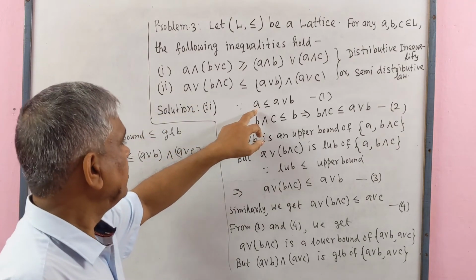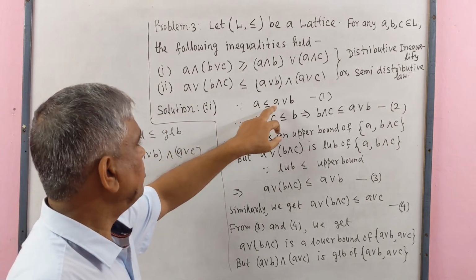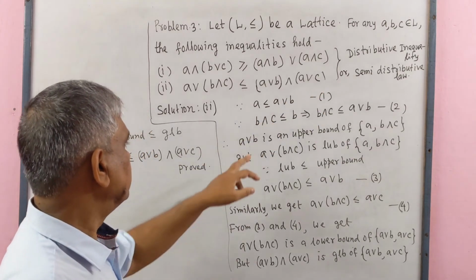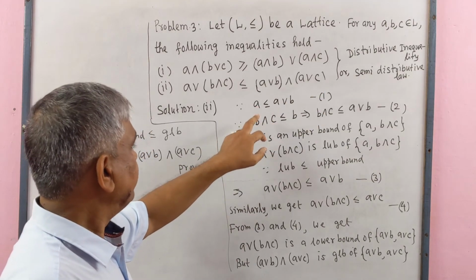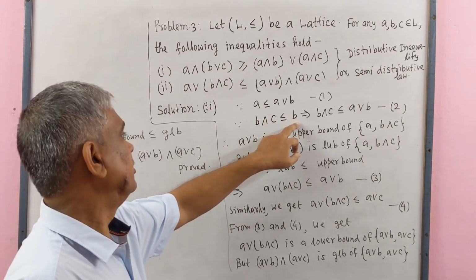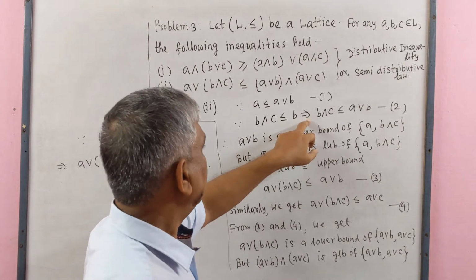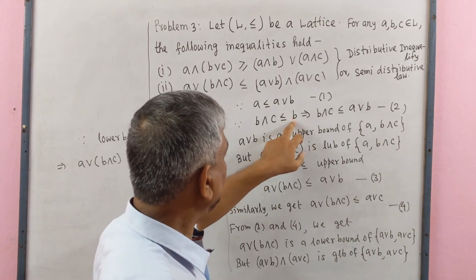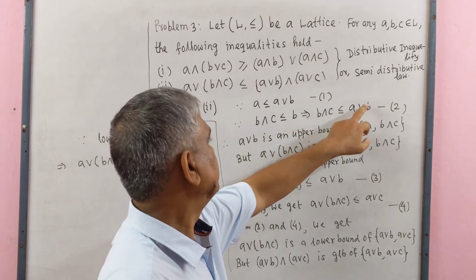Since A ≤ A ∨ B, this is number 1. Also, since B ∧ C ≤ B, this implies that B ∧ C ≤ A ∨ B. This is number 2.